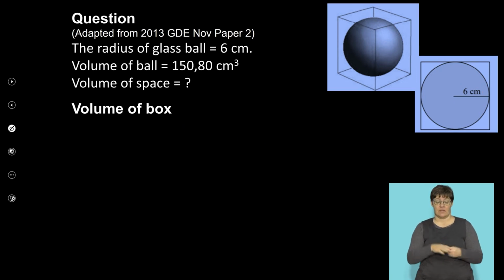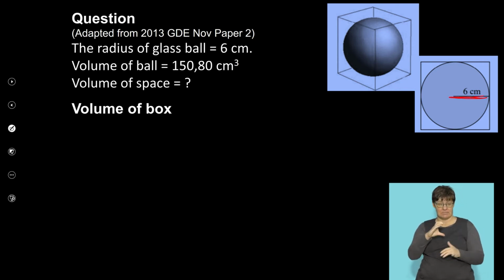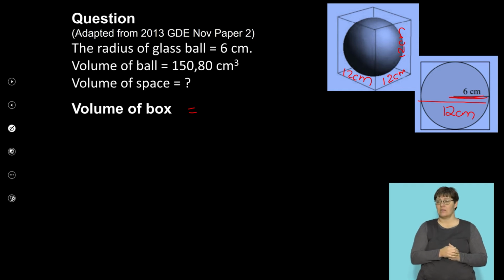Now we're going to work out the volume of the box, and the volume of the box will be determined by the dimensions of the box. But I can see that if the radius is 6 centimeters, that means that this entire length will be 12 centimeters. And as it is a cube, that means that each length will be 12 centimeters, 12 centimeters, 12 centimeters. And the volume of a box, we know, is taken by finding the area of the base and multiplying it by the height.